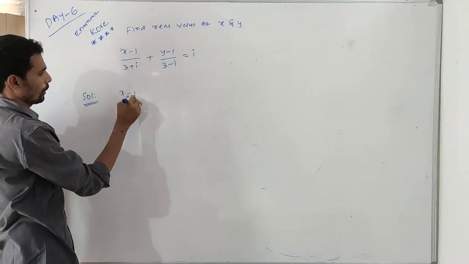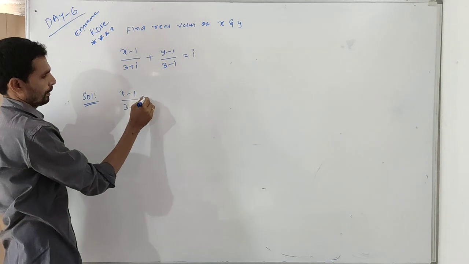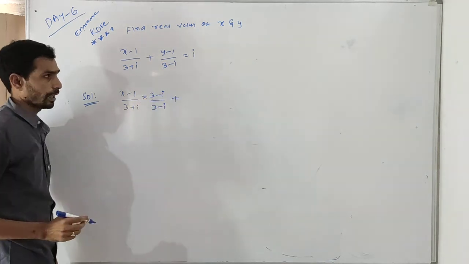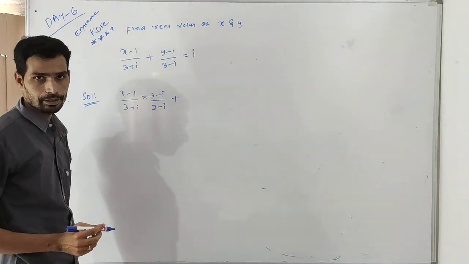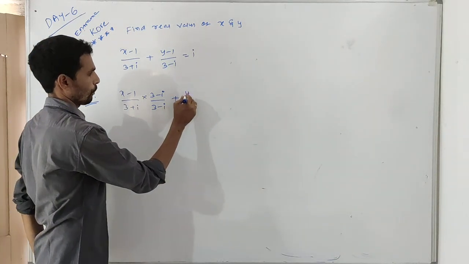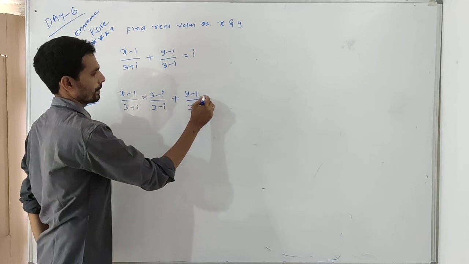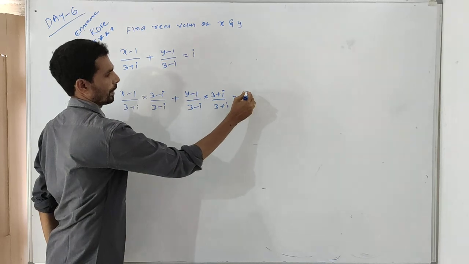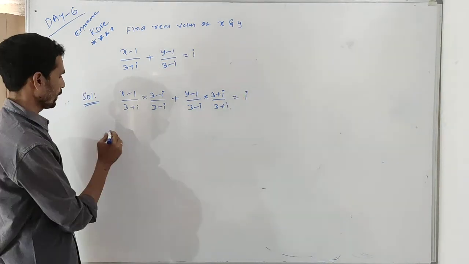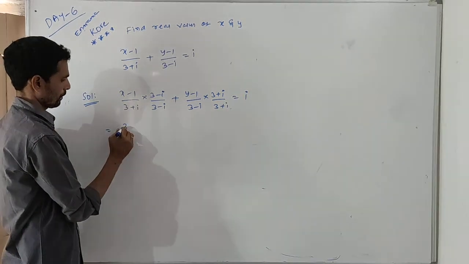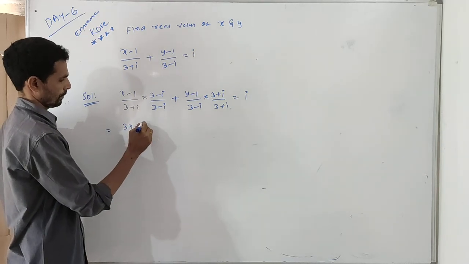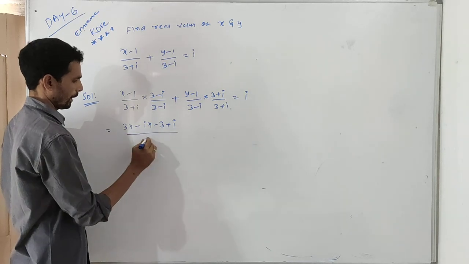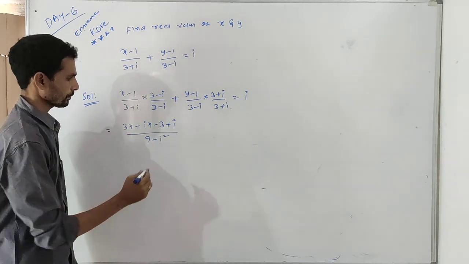So (x minus 1) by (3 plus i) can be written as (3 minus i) by (3 minus i). Any doubt? Why? Because the denominator is 3 plus i, that's why the ratio is 3 minus i by 3 minus i. Here (y minus 1) by (3 minus i) means (3 plus i) by (3 plus i) is equal to only i. Any doubts? Next, general multiplication here: 3x minus ix minus 3 plus i by 9 minus i square.